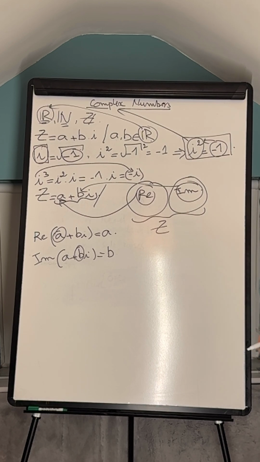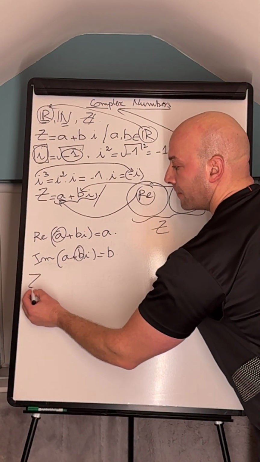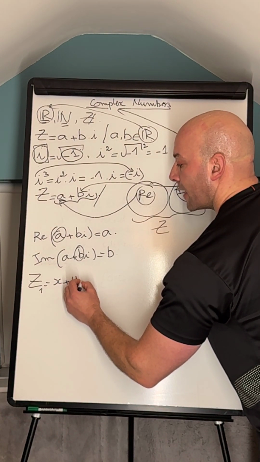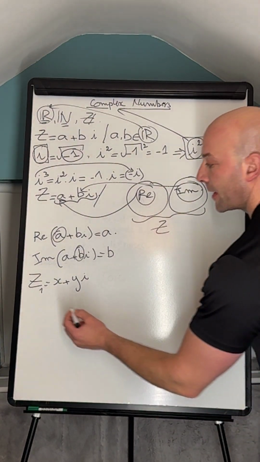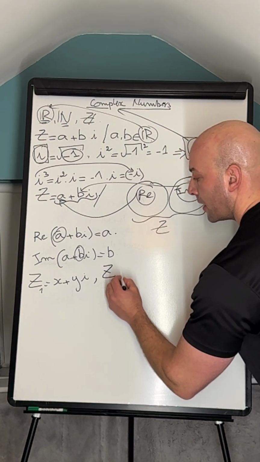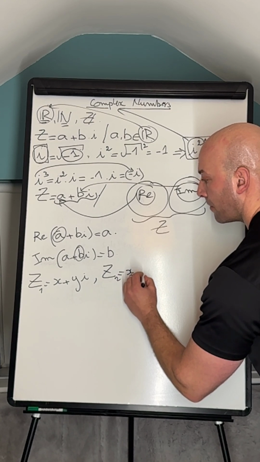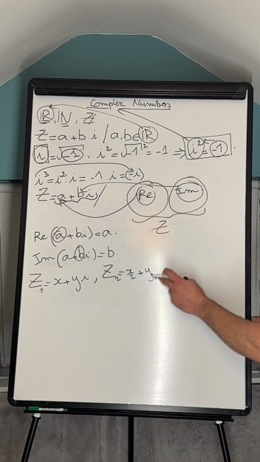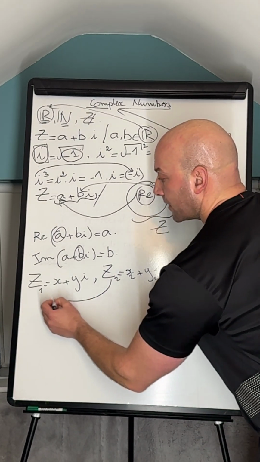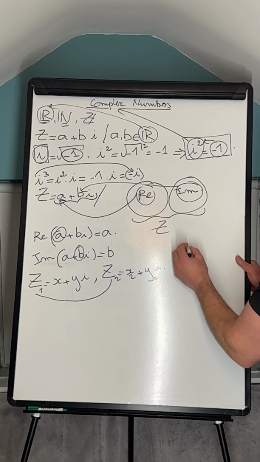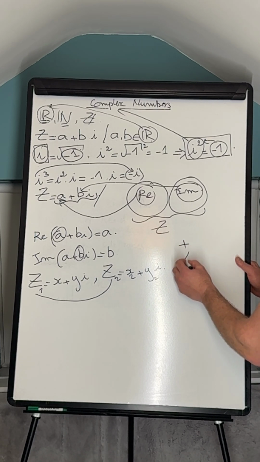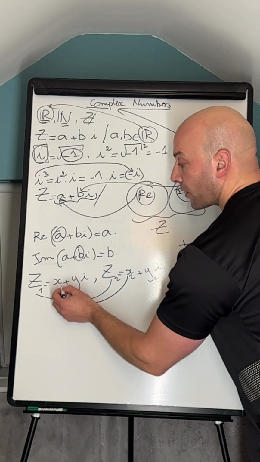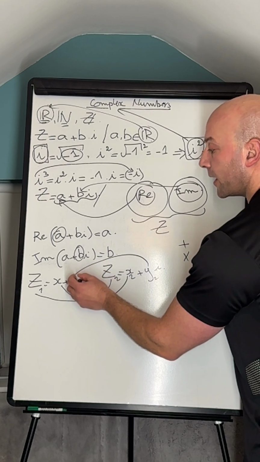Now, if you have two complex numbers, let's say z1 equals x1 plus y1 i, and z2 equals x2 plus y2 i. To add them, it's basically the same as any other numbers. For the addition, we add the real part with the real part and the imaginary part with the imaginary part.